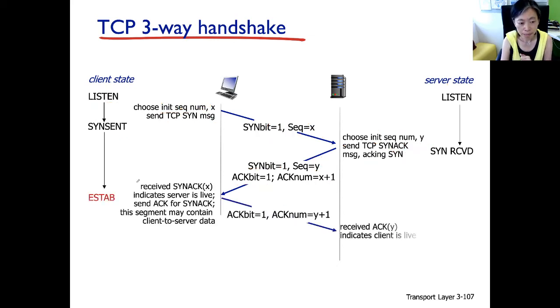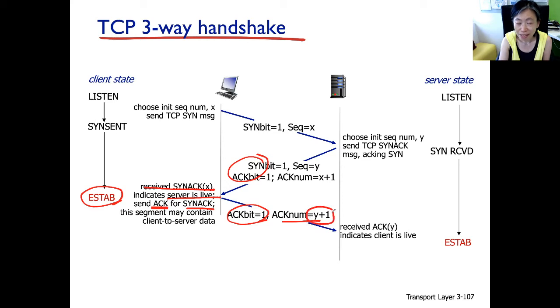So the next sequence number is already set to X plus 1. And lastly, when the client receives the SYN ACK back, at this point the client is sure that the connection is established, and so the server is live. The last thing the client needs to do is just to acknowledge receiving the SYN ACK. So it's just an ACK packet, and the ACK number is Y plus 1.